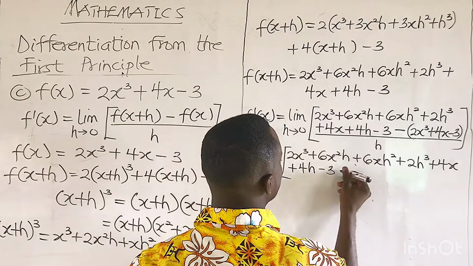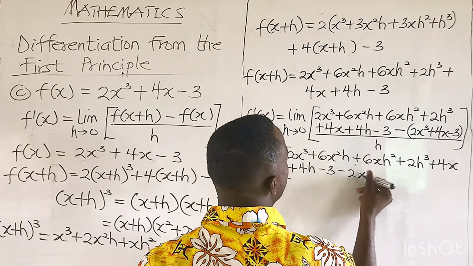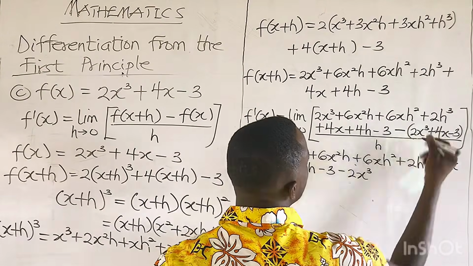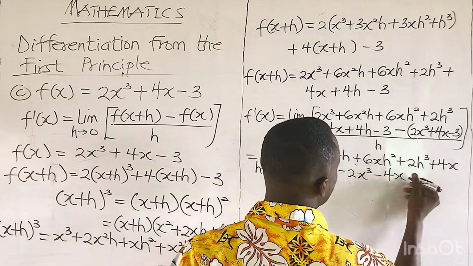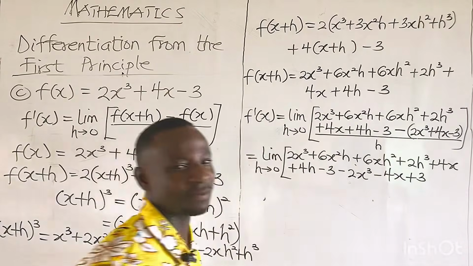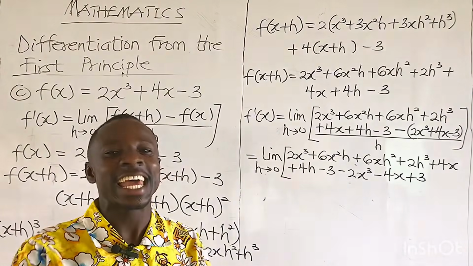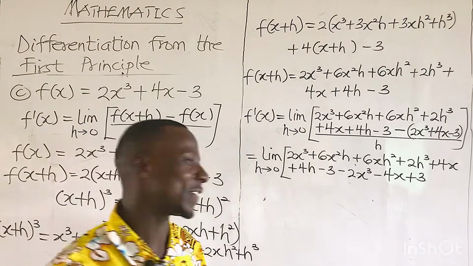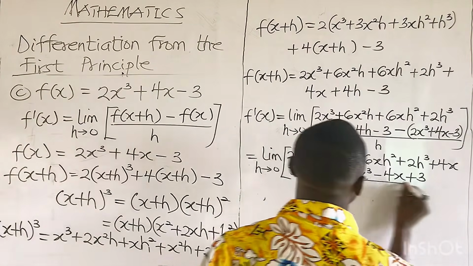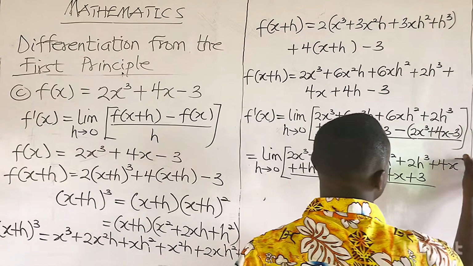Negative affecting this, I have minus 2x cubed. Negative affecting this, minus 4x. Negative negative is positive 3. So in most cases we say negative negative is positive, right? Yes. All over h.